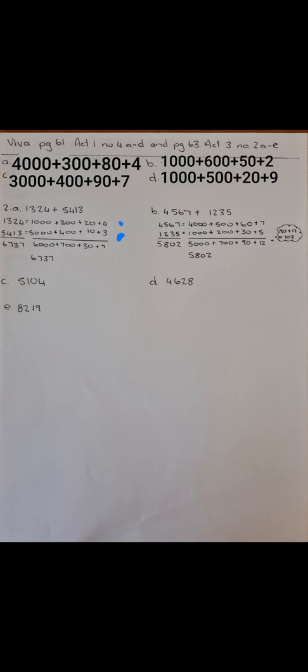And then I said 60 plus 30 is 90, 7 plus 5 is 12. When I added it together, I kept in mind that it's 5,700. And then I remembered that 90 plus 12 is equal to 102. So I said 700 plus 102, which gave me 802. So I got 5,802.